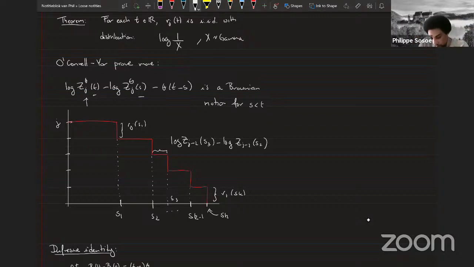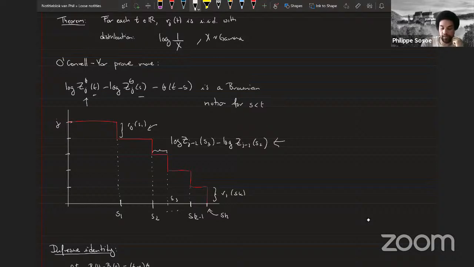In fact, they do even more than this. They prove something called the Burke property. They say that these increments, both in the levels, so for example, here we have R_j, which is log of Z_j minus log of Z_{j-1}, and these time increments, so for example, here we have log of Z_{j-2} at S3 minus log of Z_{j-2} at S2.